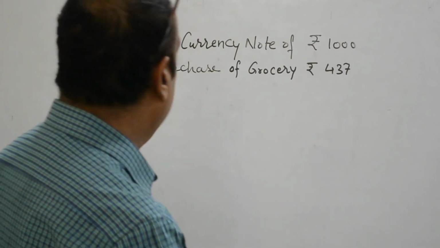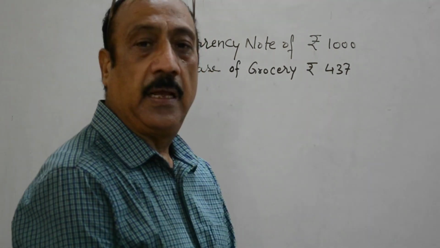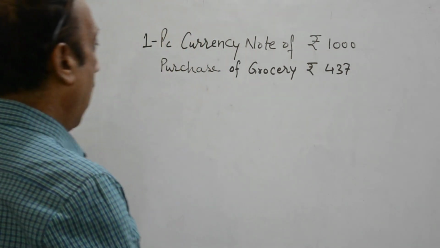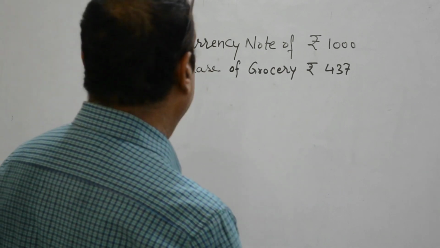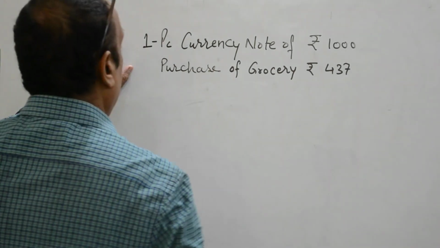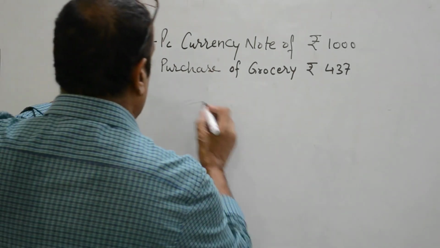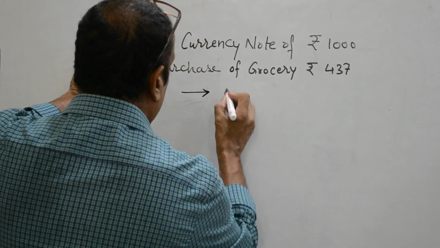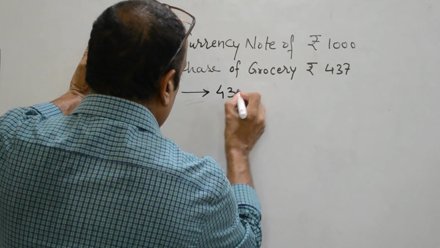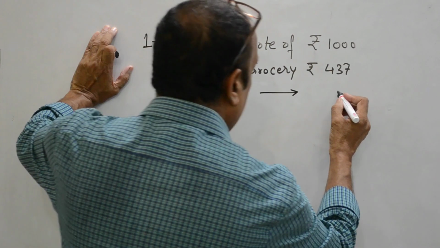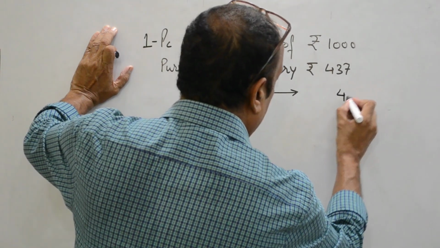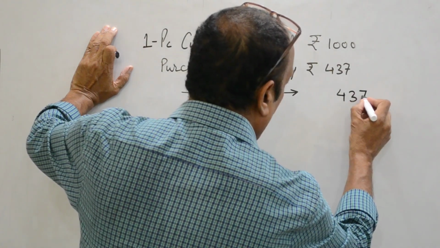Now the shopkeeper doesn't use any calculator, so how he will pay back the balance amount will be like this. The shopkeeper will say, I have given you items worth rupees 437 already. It means I have already paid you 437 rupees.